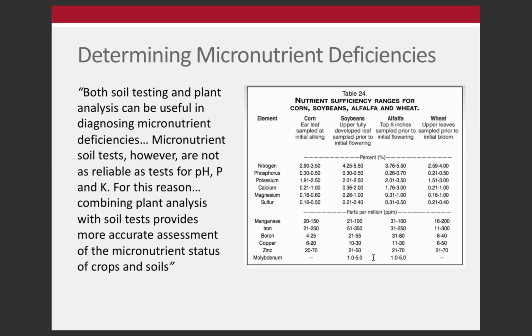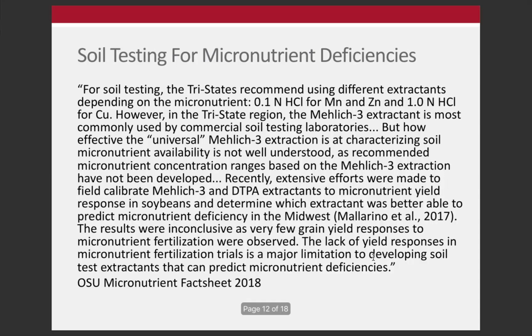Now, soil testing for micronutrients is not as reliable as plant analysis. But one of the really important things that soil testing can do is give you an indication of pH. Well, reports pH, and that can really help provide some context in terms of where micronutrient deficiencies might be.